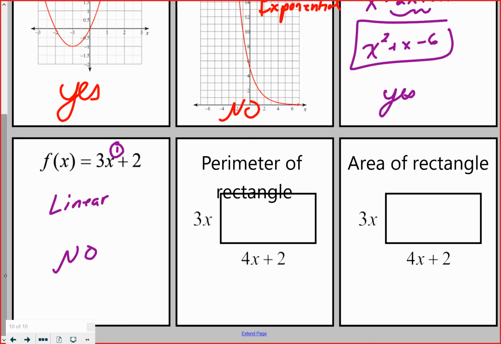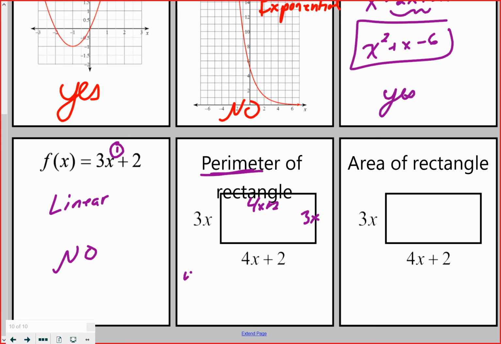The next part is asking us, what if I find the perimeter of a rectangle? Well, if I want to find the perimeter of a rectangle, that just tells me I'm going to be adding all the sides, right? So this is 4x plus 2, this is 3x, right? If I were to add all the sides, I'm not multiplying. That means my exponents don't change, right?